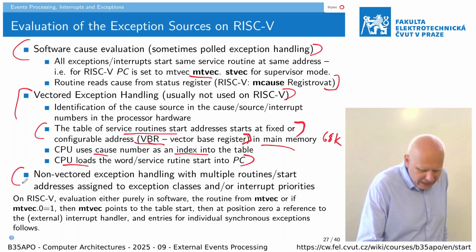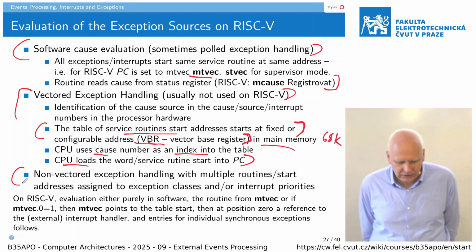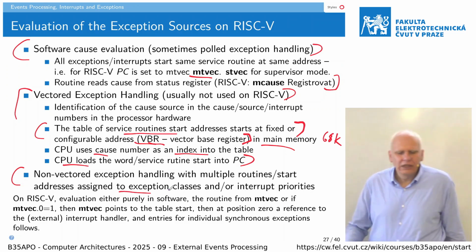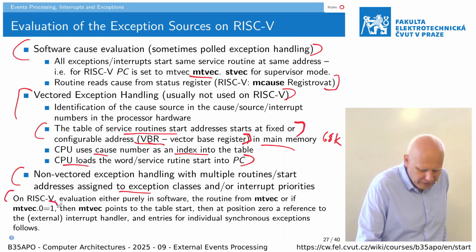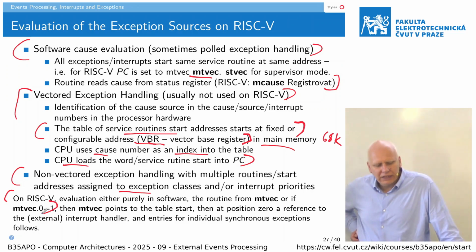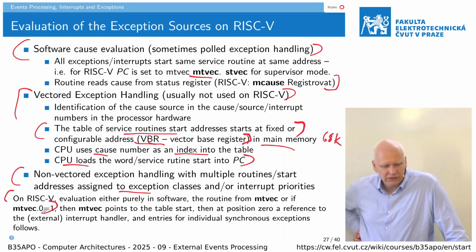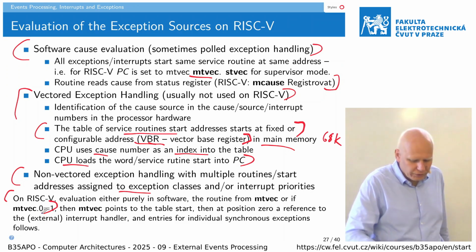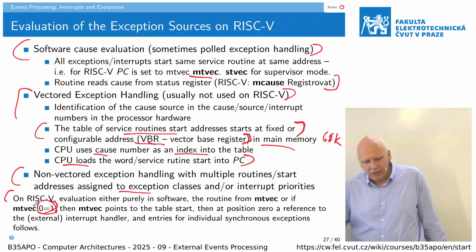Then there can be non-vectored exception handling with multiple routines, start addresses assigned according to some classes and so on, which is in fact how it can be done on RISC-V when we set the least significant bit of MTVEC to 1, because anyway this address in MTVEC has to be aligned. So the least significant bit has to be 0 in use of the register, so its actual value can be used for such an indication.